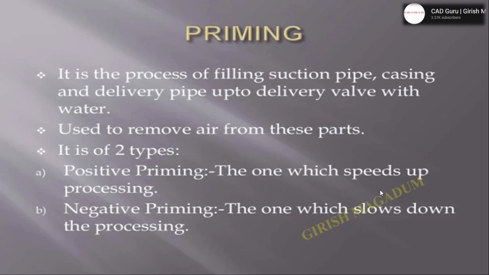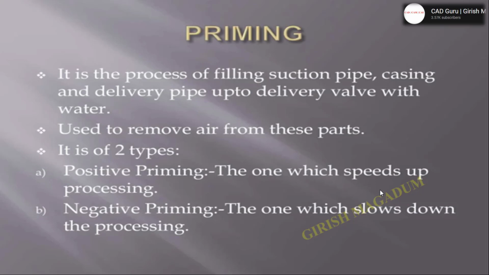What exactly the priming is, very important steps. We have already done these activities. If you are a farmer, or your colleagues or relatives do this farming, at that time we have seen this priming work. What exactly is it? It is a process where we fill the water inside the suction pipe, the casing and the delivery pipe up to the delivery valve.